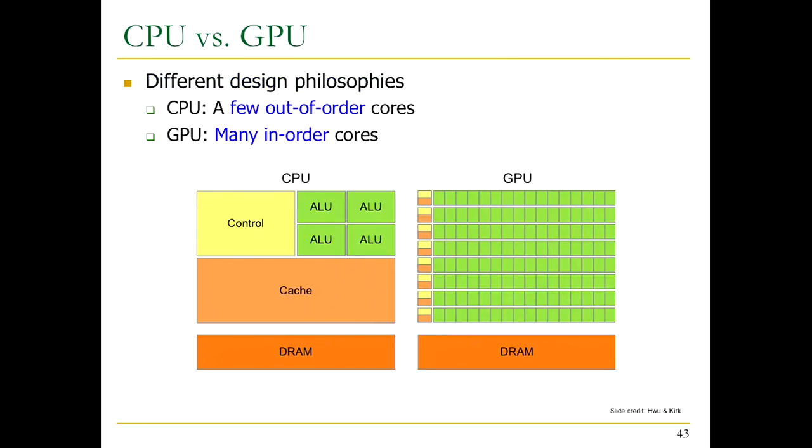You're also familiar with this. The main difference between CPU and GPU is that in CPU we have very few but very powerful out-of-order cores. On the GPUs we have many weak but many in-order cores. So essentially the main difference is what we are employing our die area on. In CPUs, we have these out-of-order cores and very big caches.